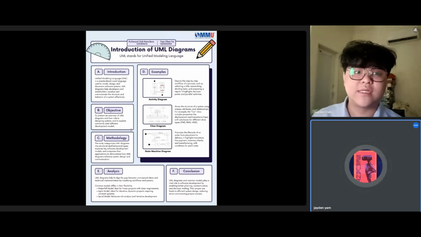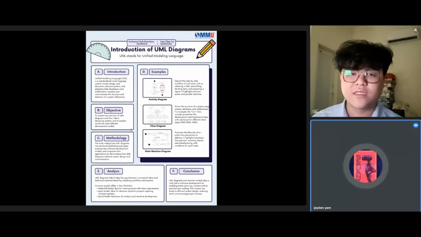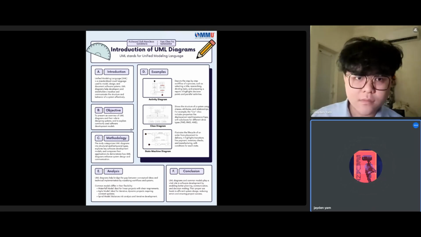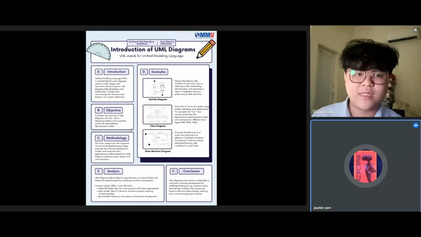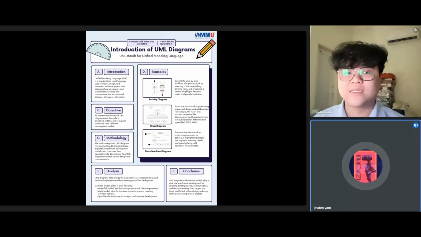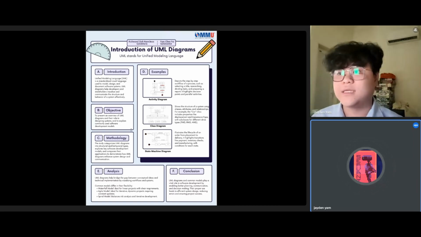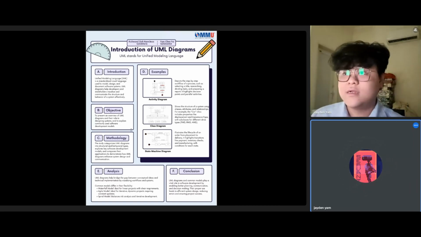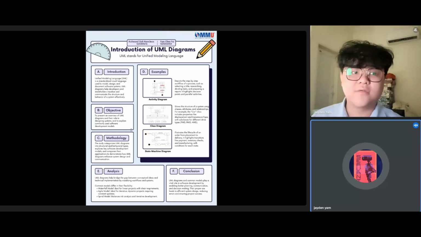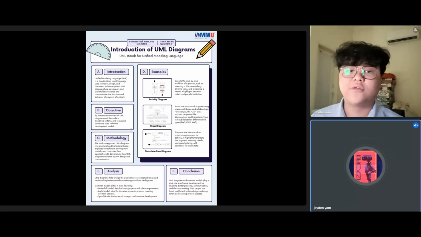The second one is the class diagram, which focuses on the structure of the system. It uses classes, attributes, and relationships to describe how the system's components are organized. We have an example here, the car system. A car class might include attributes such as displacement and transmission type.